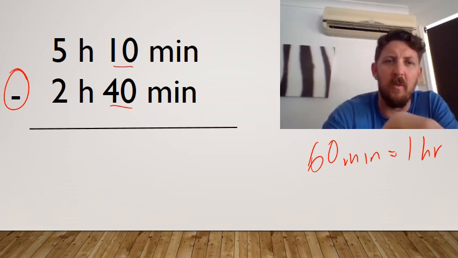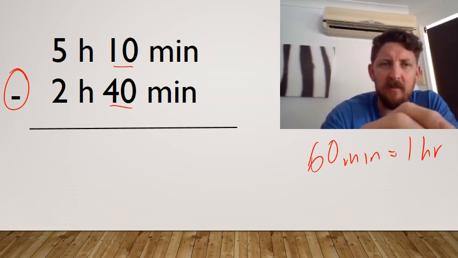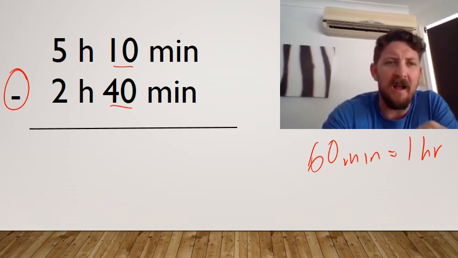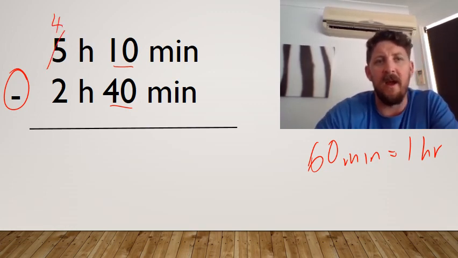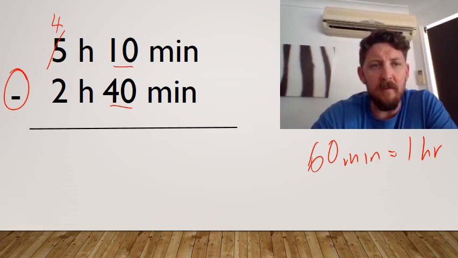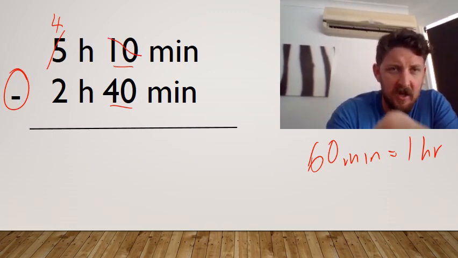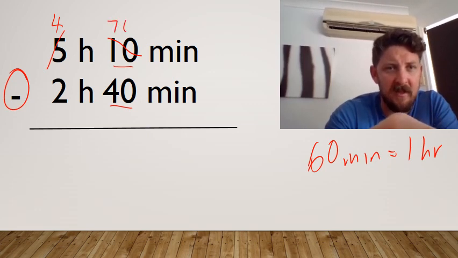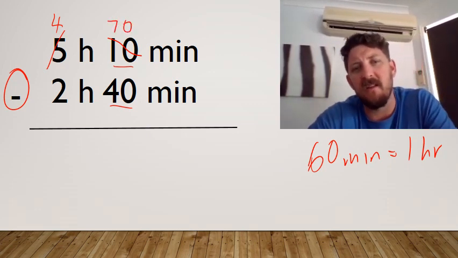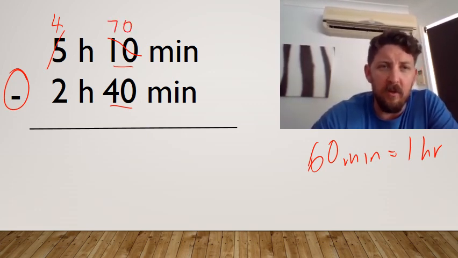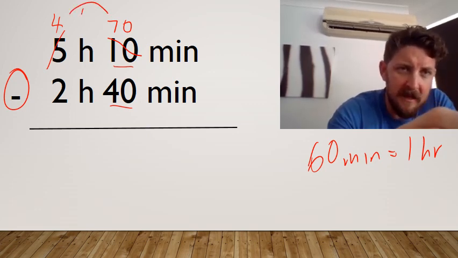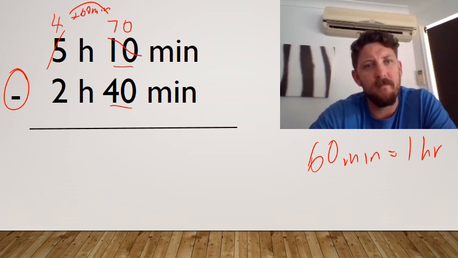Now, normally we would just put a 1 in front, but in these ones, we have to regroup from the hours house. So I'm going to cross off and change it to 4 hours. Now, remembering that for every hour we get 60 minutes, I'm going to change my 10 minutes to 70 minutes. The reason I'm changing my 10 minutes to 70 is because I've regrouped and taken 60 minutes and added them on.